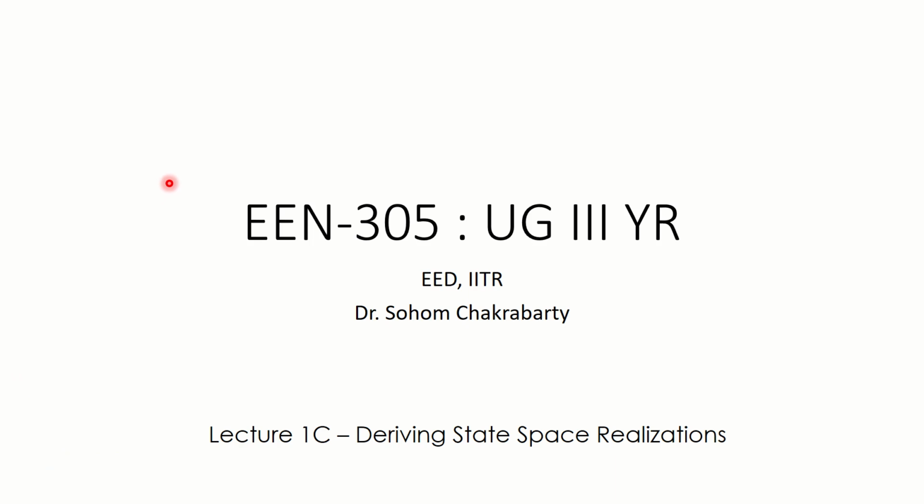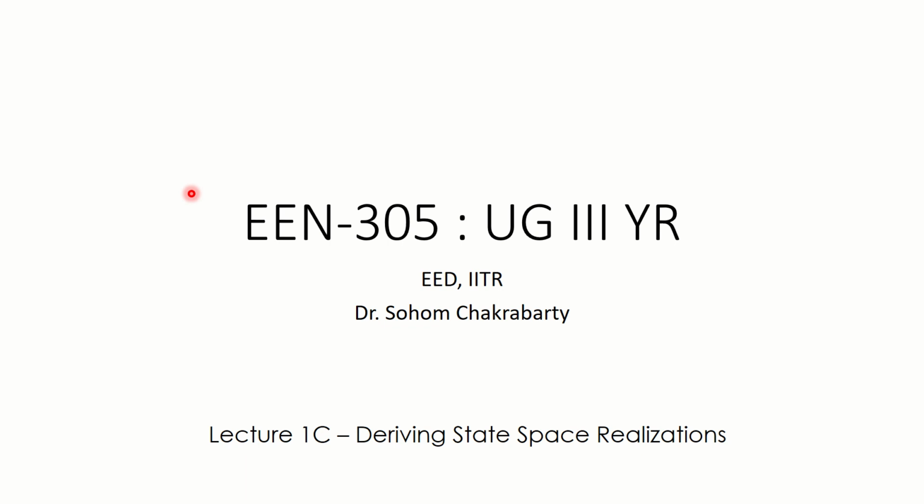So we are discussing state space realizations, and we also saw how we can derive state space realizations from physical systems by understanding their physical behavior and the laws governing that behavior. We derived state space representations for a mechanical and an electrical system in class, and we also saw that a system can be represented as a block diagram.